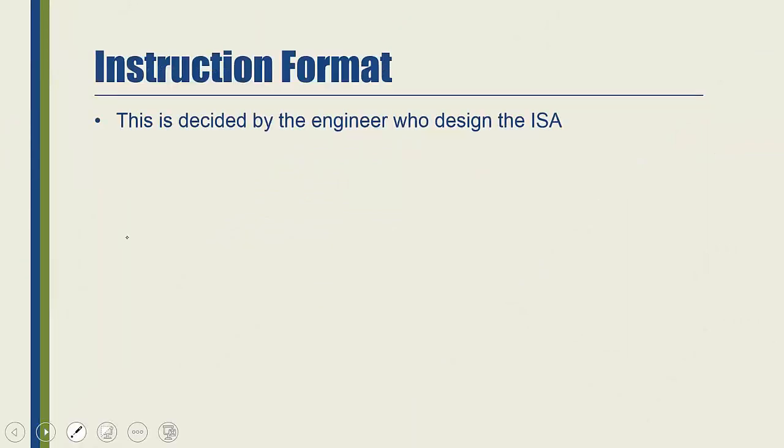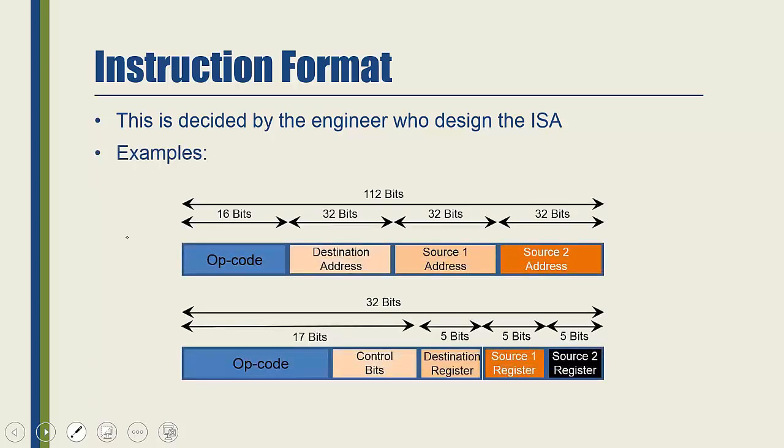Deciding the formatting of the bits in the instruction set is done by the engineer who designs it, of course. For example, you want your opcode to have 112 bits, then maybe you will set 16 bits for the opcode and the rest of the bits you divide into 3, 32 bits each for the destination address of your calculation, 32 for operand 1 and 32 for operand 2 of your calculation.